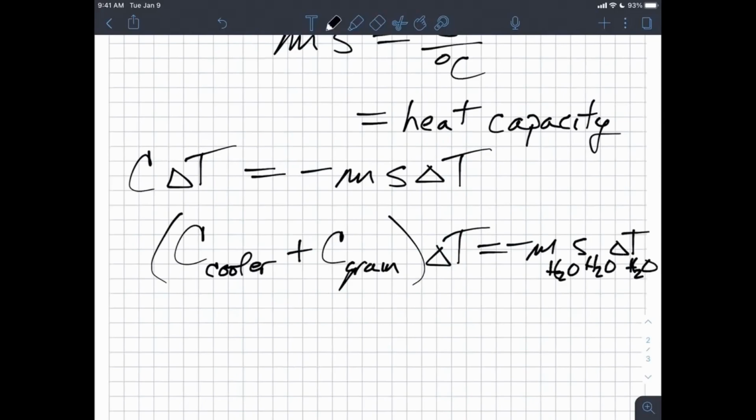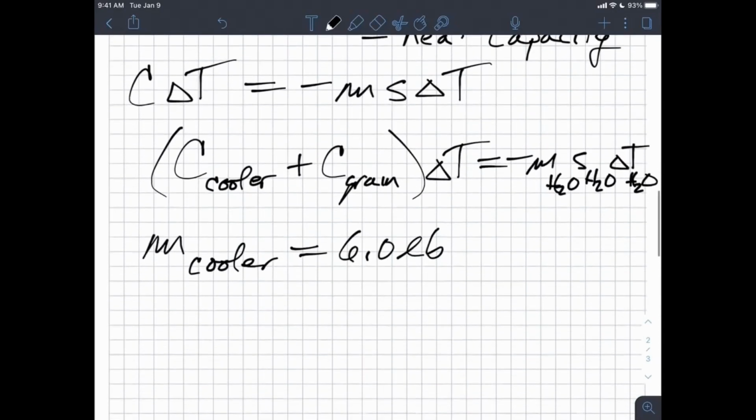So what I did is I weighed my cooler, and the mass of the cooler is about 6 pounds.